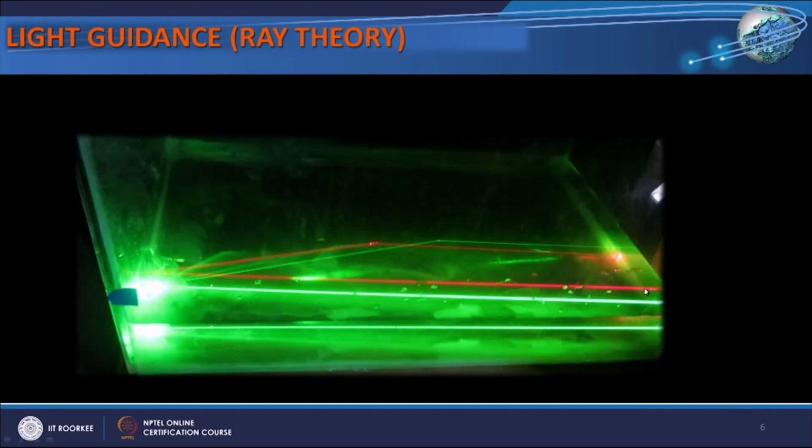This is one very simple experiment that you can do. You can fill a transparent tank with water and send the laser beam at different angles, and you find that if the angle of incidence is larger than the critical angle, there is total internal reflection at the interface of water and air.